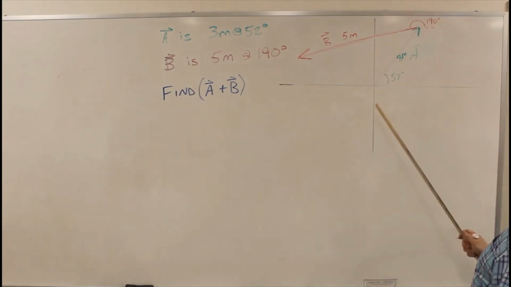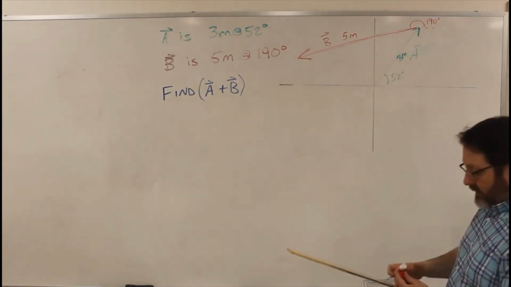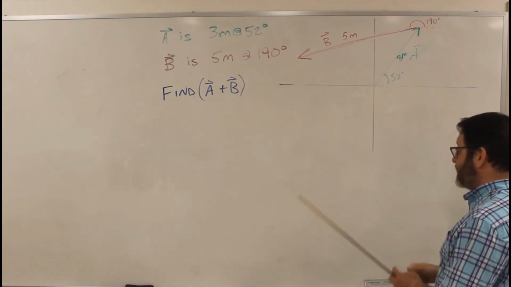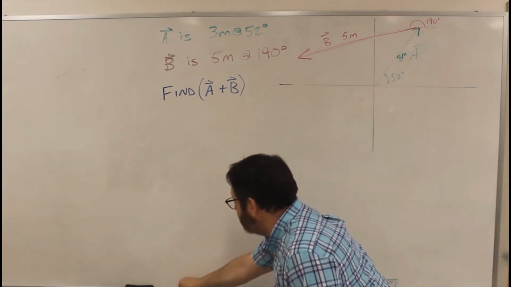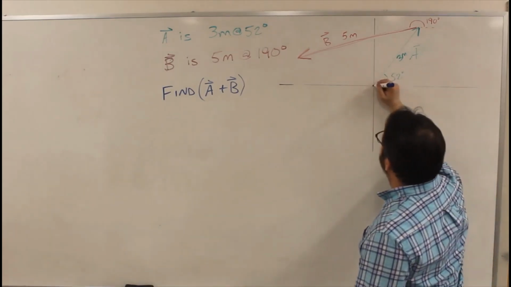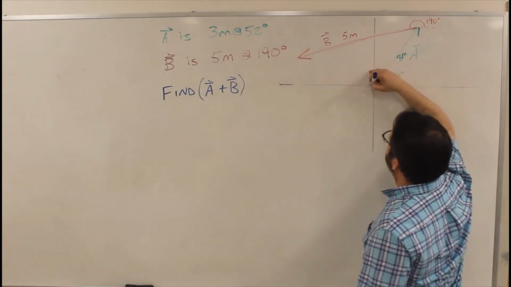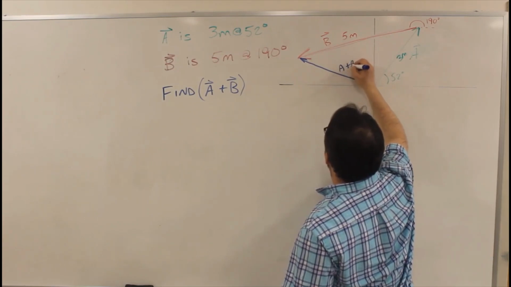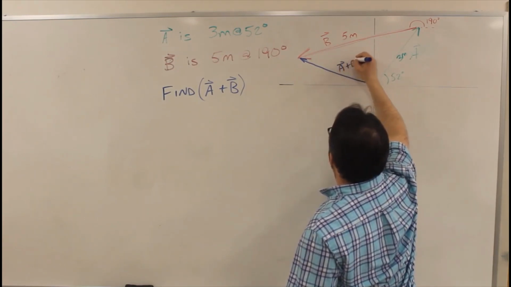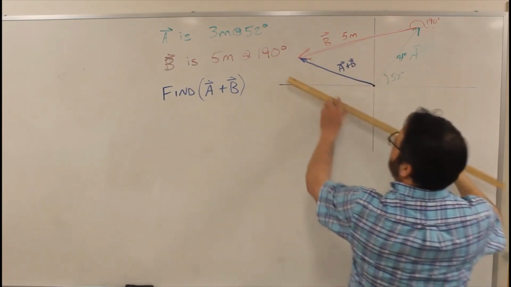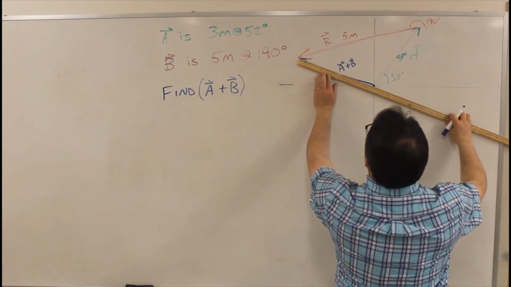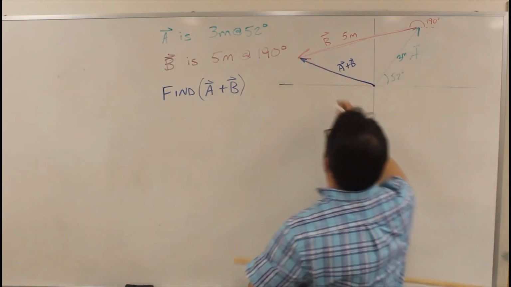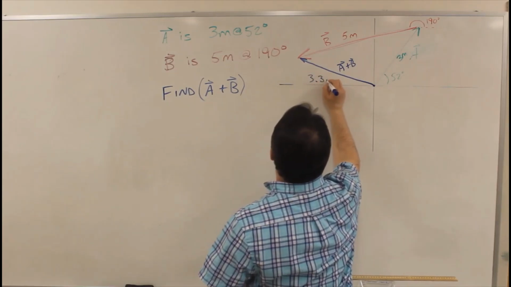All right, so A is that way, B is that way. A plus B starts at the beginning of A, so it starts here and ends at the end of B. So this is A plus B. And it looks like it is about 33, so about 3.3 meters.